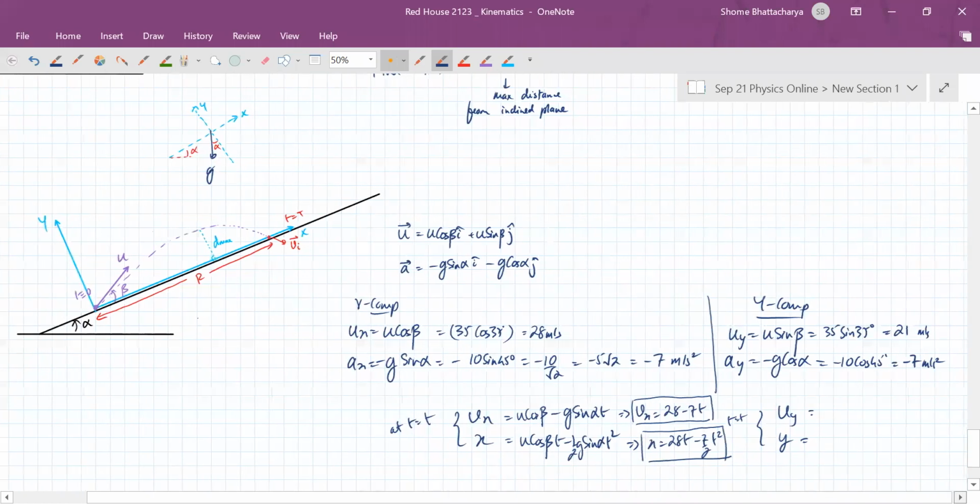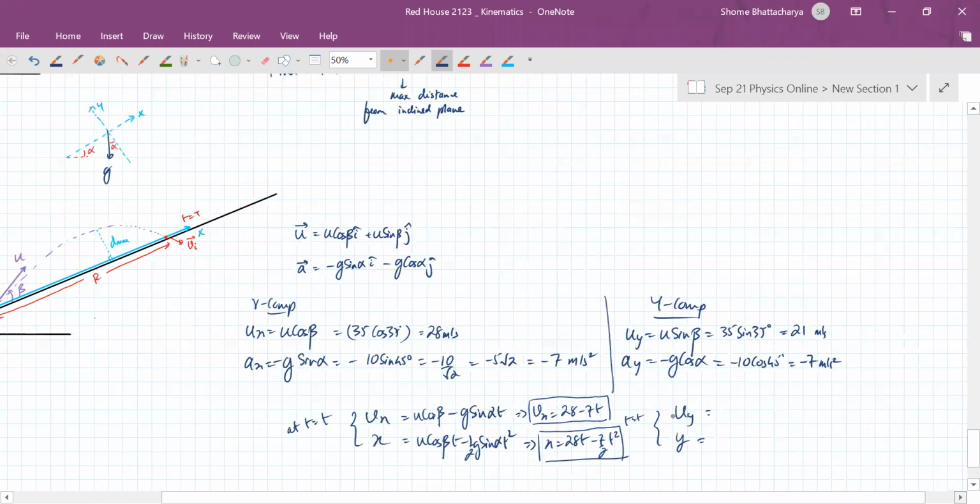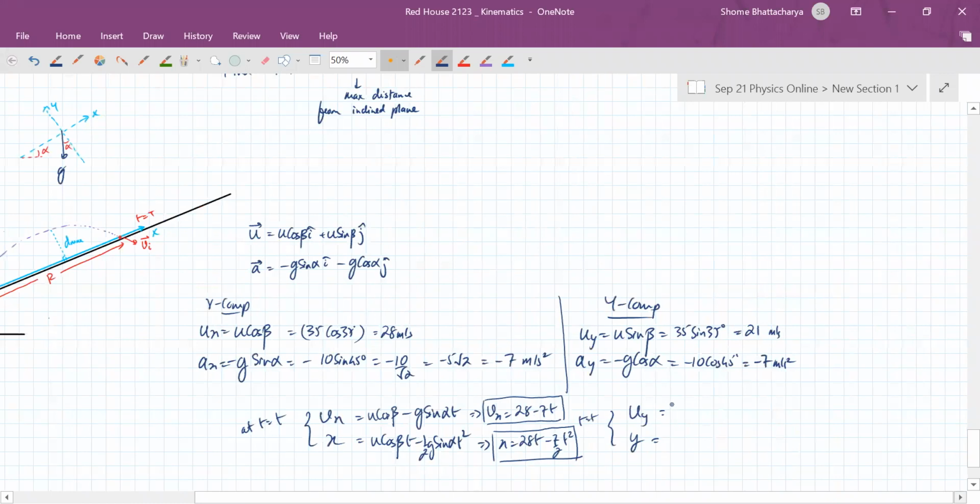Similarly, your y component of velocity will be u sin beta minus g cos alpha t parametrically, so numerically this now becomes this much.